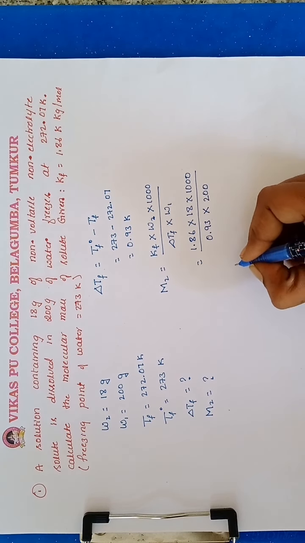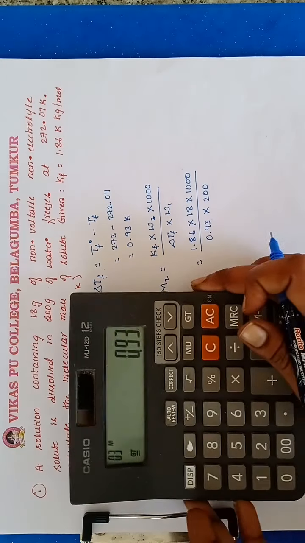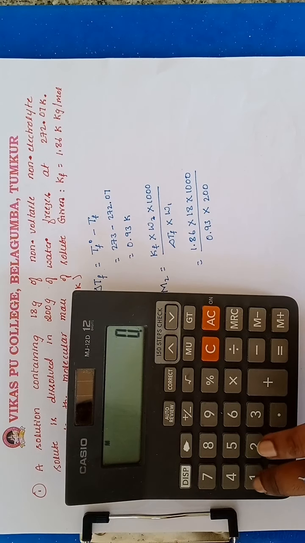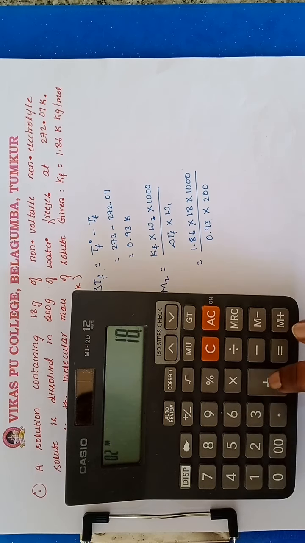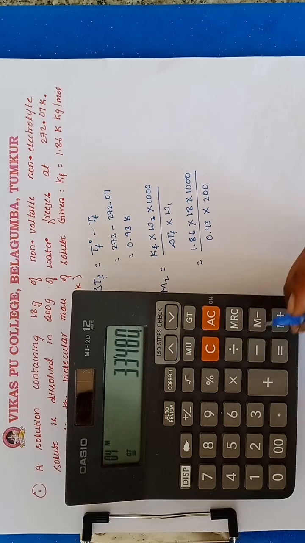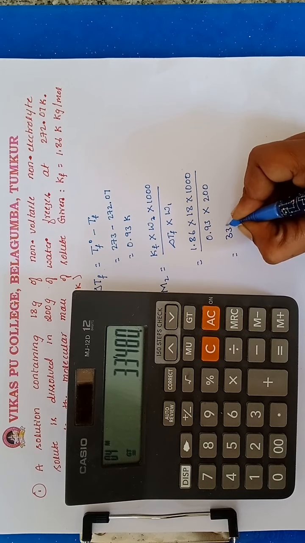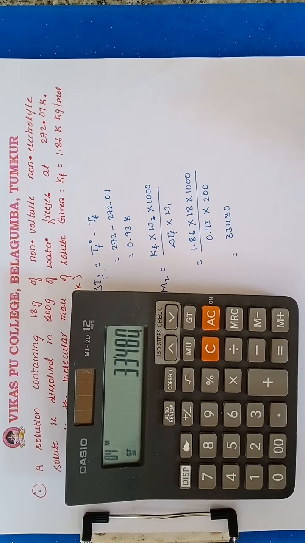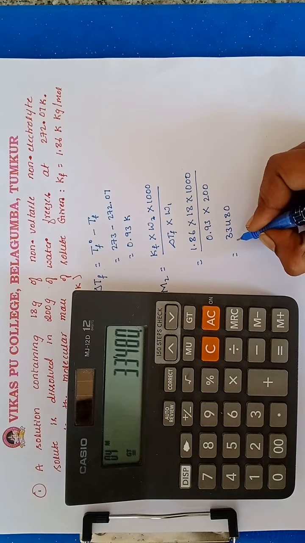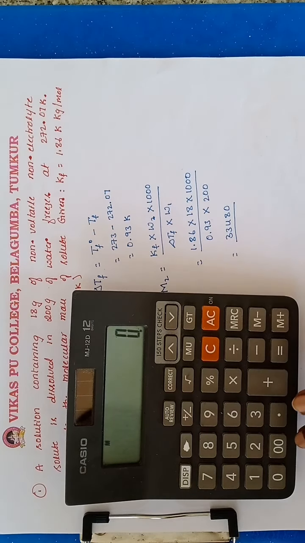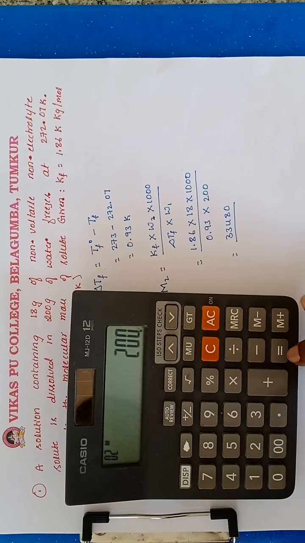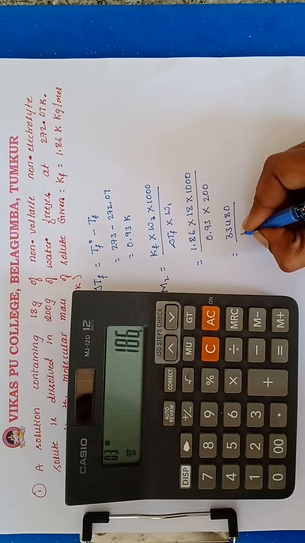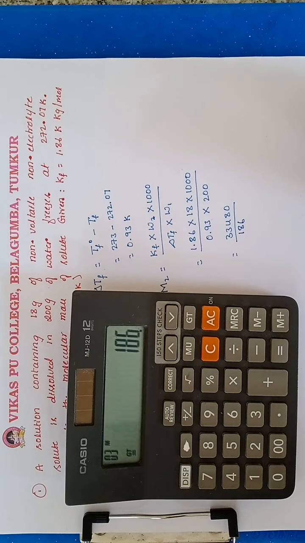We calculate this by taking the calculator. 1.86 into 18 into 1000 equals 33,480. Then divided by 0.93 into 200, we get 186.